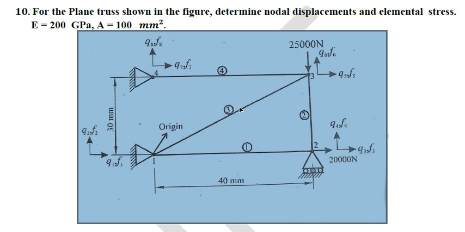Element 3 we have to find using the Pythagoras theorem: the root of 40 square plus 30 square, that is 50. That is how we calculate the length if it is not given.